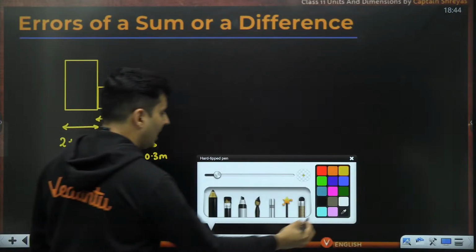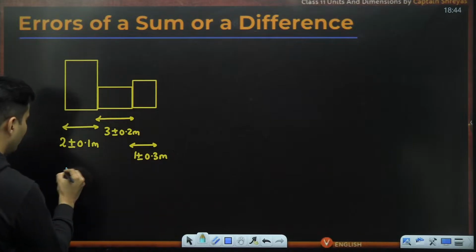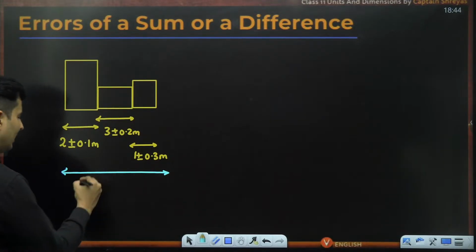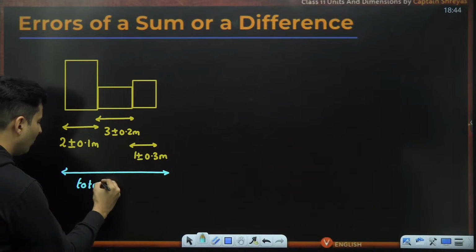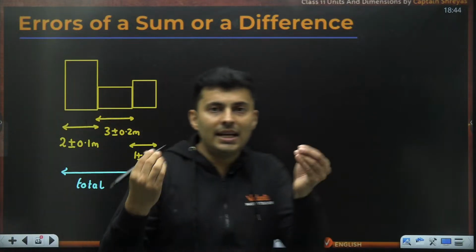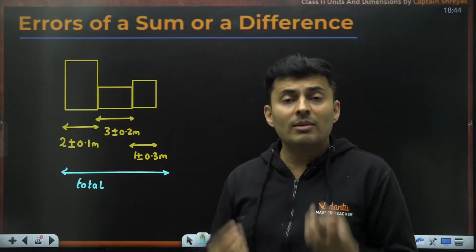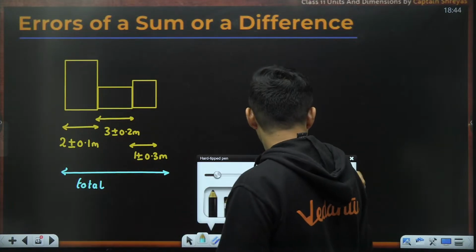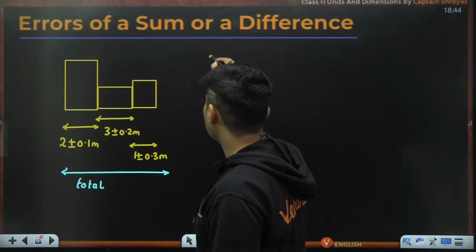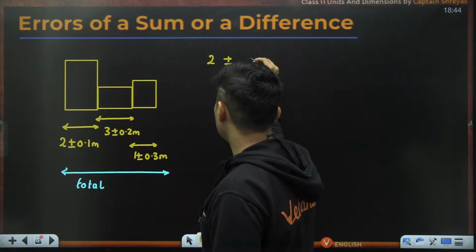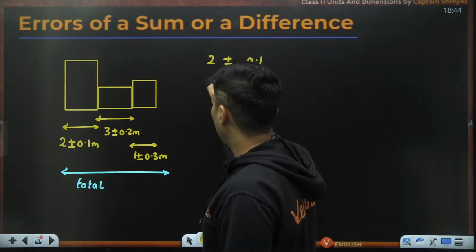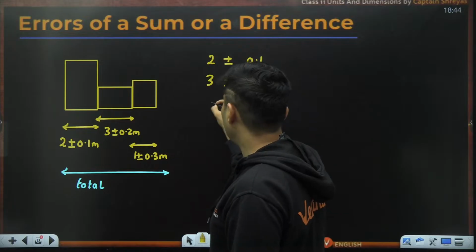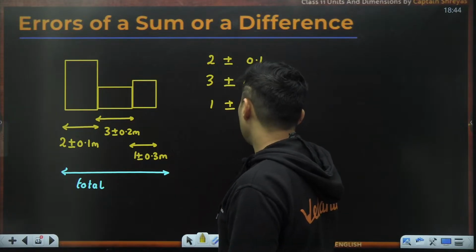Now if I ask you, what is the total length when I'm placing them together? Here I'm adding quantities which themselves have some uncertainty in their measurement. So I have 2 plus minus 0.1, 3 plus minus 0.2, and 1 plus minus 0.3.